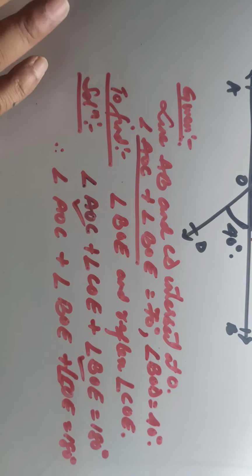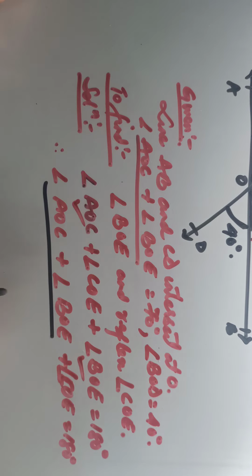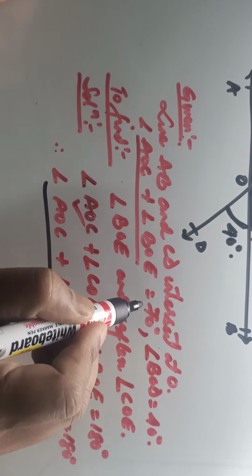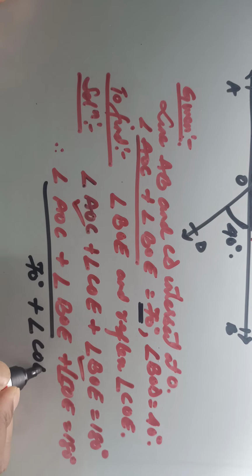Now AOC plus BOE is how much? You can check here. AOC plus BOE is 70 degrees, plus angle COE is equal to 180.